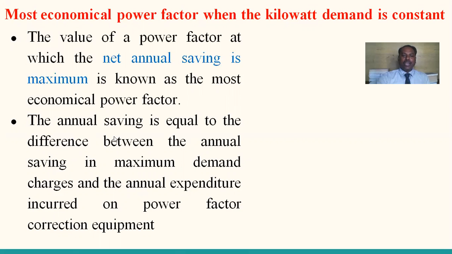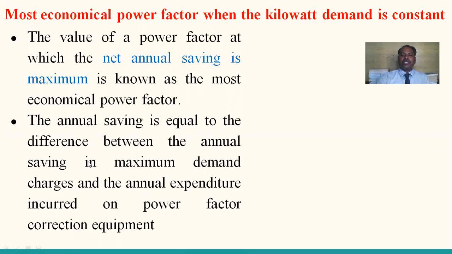So the annual saving is equal to the difference between the annual saving in maximum demand charges and the annual expenditure incurred on power factor correction equipment. Clear? Yes. So the most economical power factor is the one at which the net annual saving is maximum.